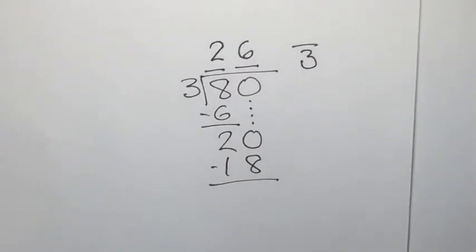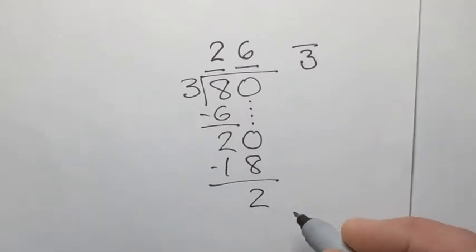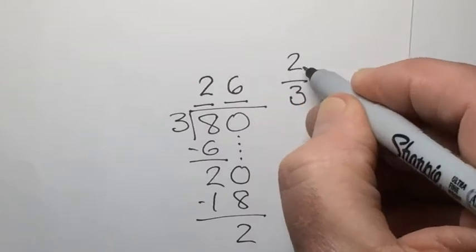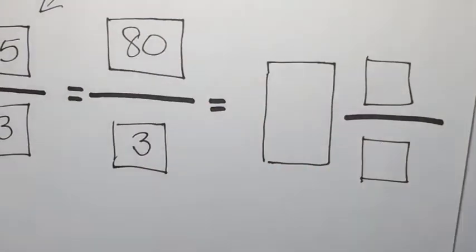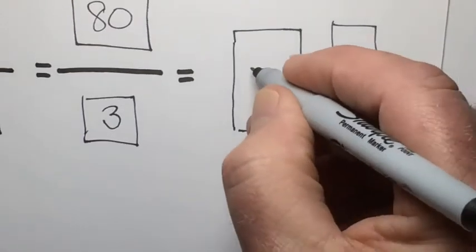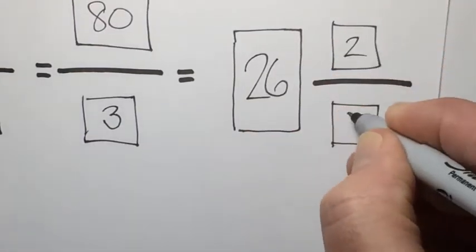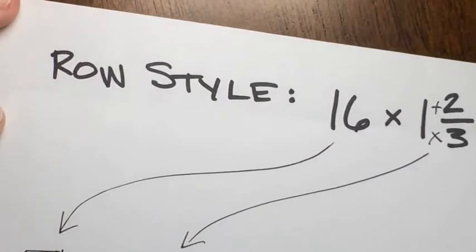And then 18 taken away from 20 would be 2. So I have 2 left over, and these 2 are thirds, so they're 2/3. So the square feet of this 80 thirds is actually 26 and 2/3.